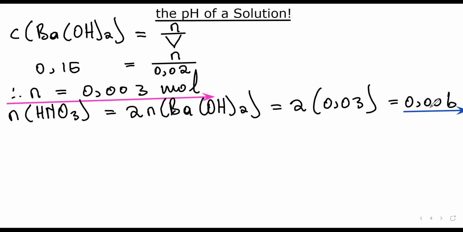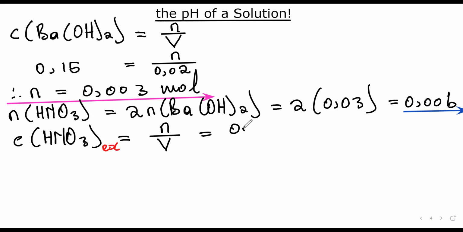So you'll simply come and say, okay, fine. The concentration of the nitric acid, the one that is in excess, is equal to the number of moles divided by the volume. So the number of moles is 0.006.